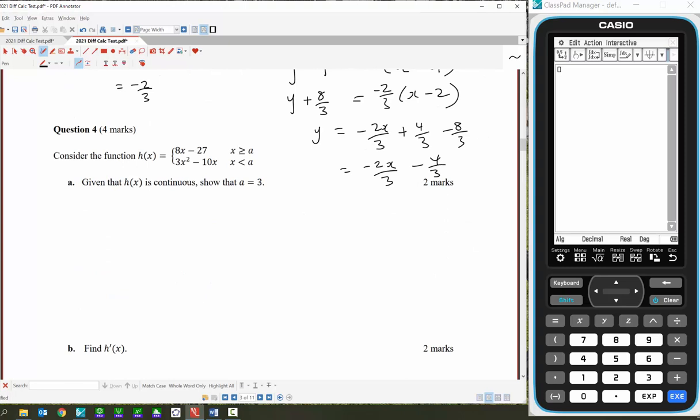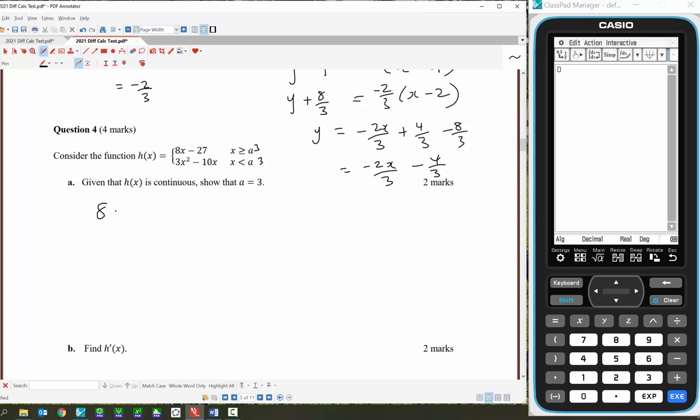Okay, given that h of x is continuous, show that a equals 3. So it's 3 and 3. Basically saying, can you show me that it's continuous at x equals 3? So the way we'll do this is that both of these should intersect at x equals 3. So let's let them equal each other, and then when we solve it, it should be x equals 3.